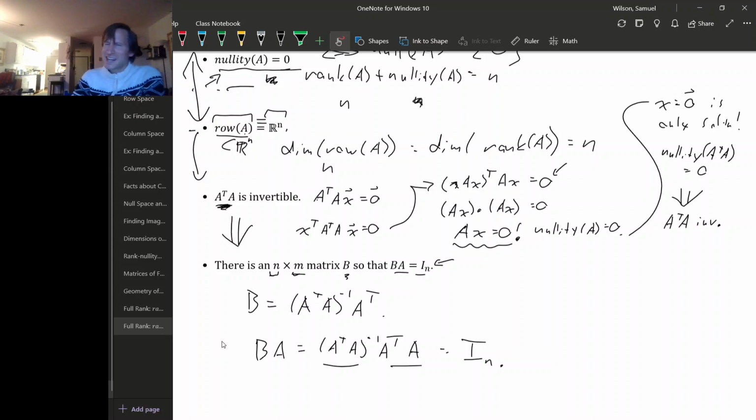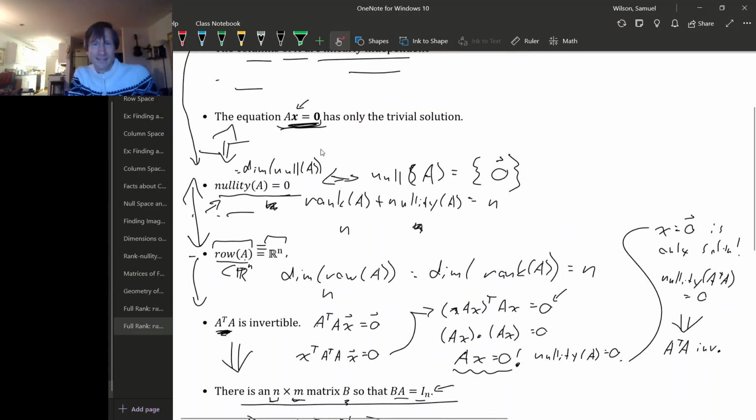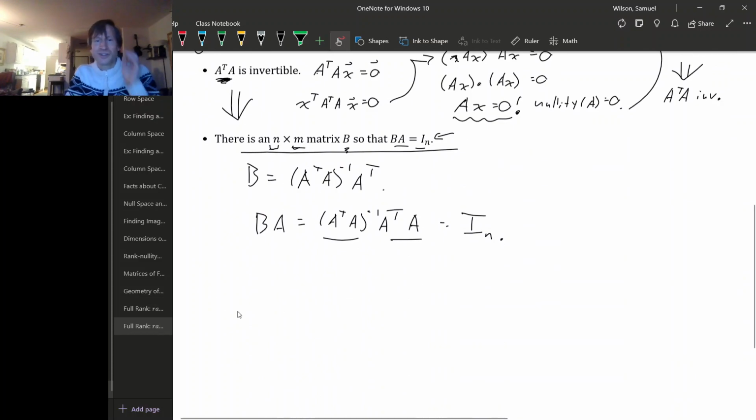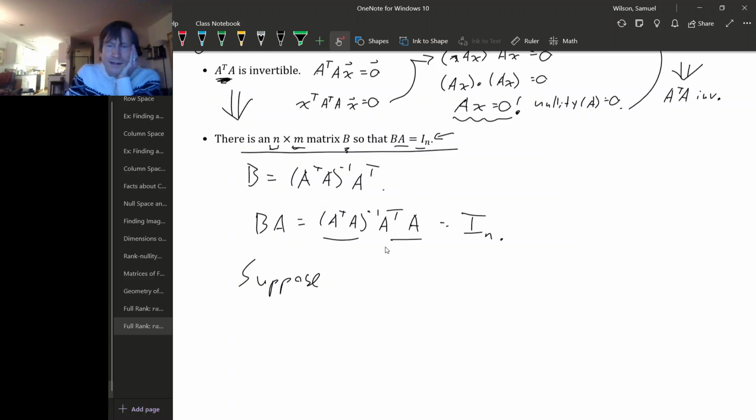Now we have one implication left. We have to assume that there's a matrix B so that BA is the identity, and we have to imply one of the equivalent conditions up above. Okay, and what we're going to do is imply this one, that this equation has only the trivial solution. So let's suppose that AX equals 0, or suppose that we have some solution to this equation.